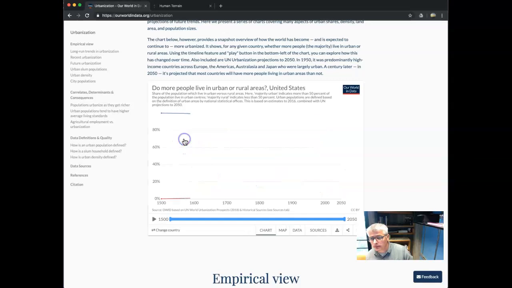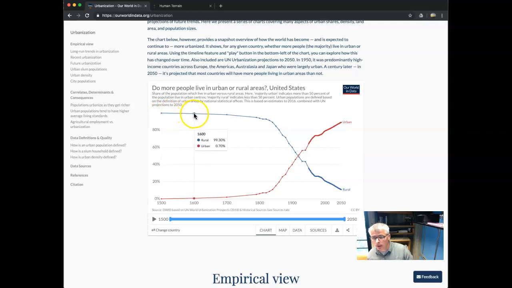For the US, you can see this trend of rural being the majority of our population, 98-99%, dropping through to this inflection point around 1920, where the majority of individuals are living in urban settings. And so currently our population, let's see what our current population is. About 18% rural and 82% urban.